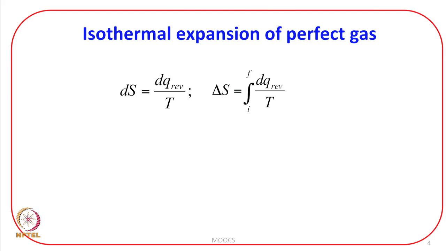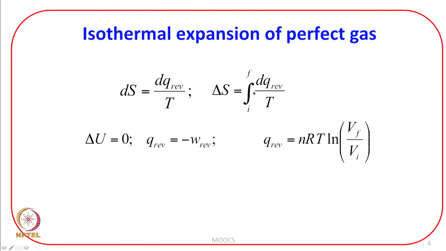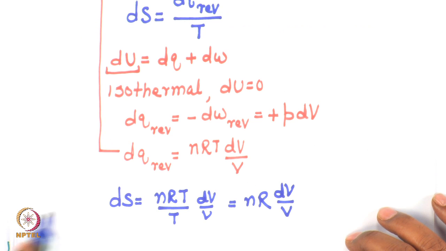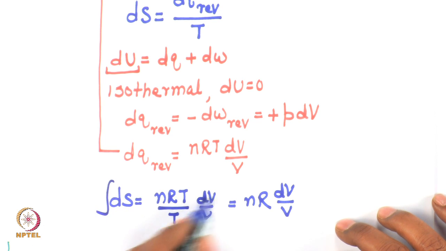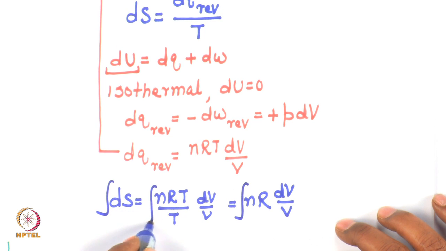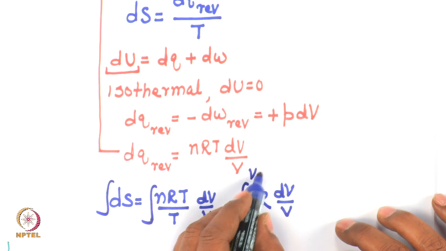Since dS is equal to dq reversible by T, for a finite change delta S will be the integration of dq reversible by T, and as we just showed, q reversible is equal to nRT. I integrate from V initial to V final.